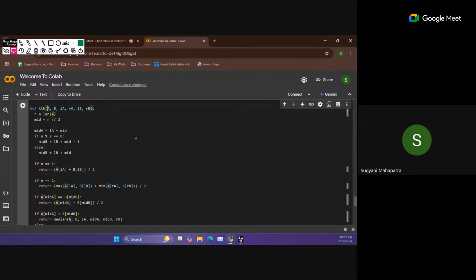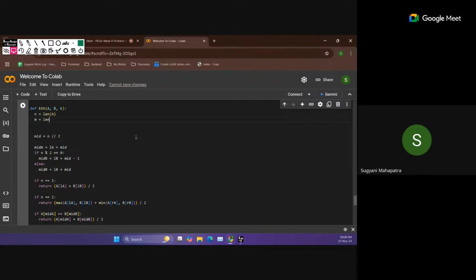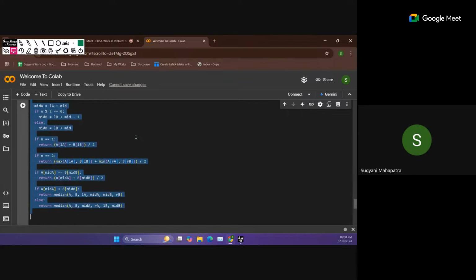We are having two arrays A, B, and their lengths, which are n and m. So we have n equal to length of A, m equal to length of B. Now we will look into the base cases first.